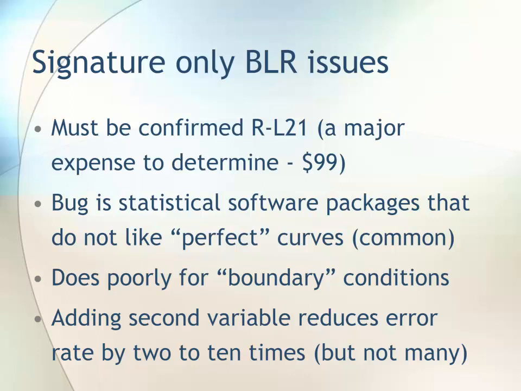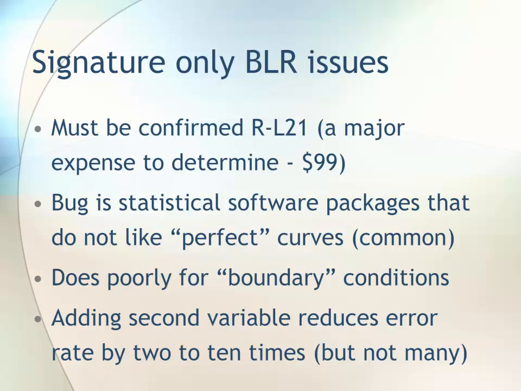And there are very high-end packages where they throw a little noise into them, but these packages cost a couple $1,000 plus several $100 a year, plus several $100 for version upgrades and maintenance cost of $100 per year as well. So these are quite expensive packages to solve an issue that really can be solved by adding a second variable. It also does very poorly for boundary condition testers.